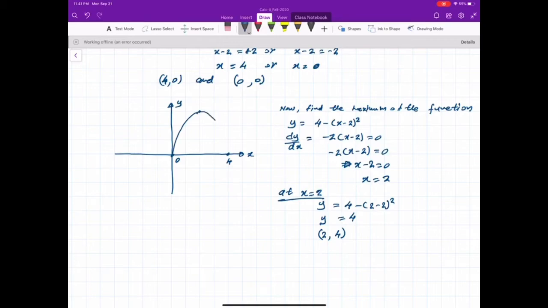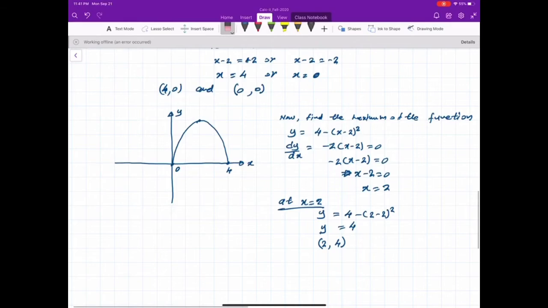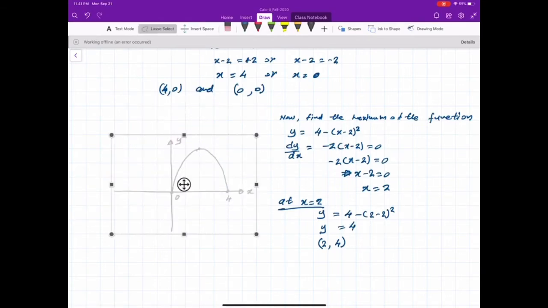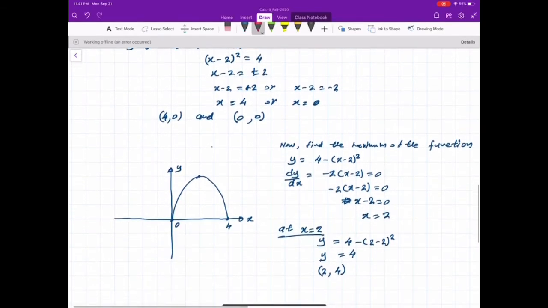The parabola will look like this. This is the parabola. Give me a second. This is the parabola y equals 4 minus (x minus 2) squared.